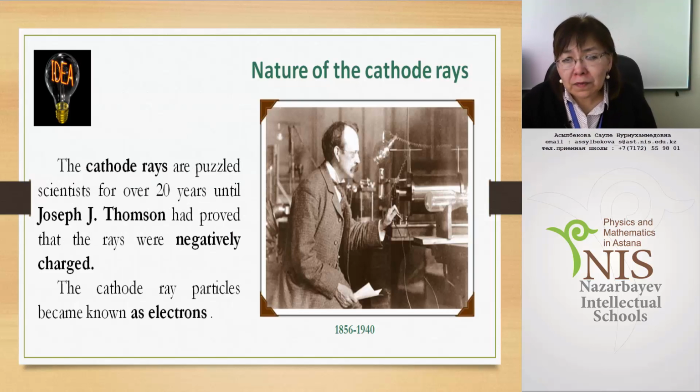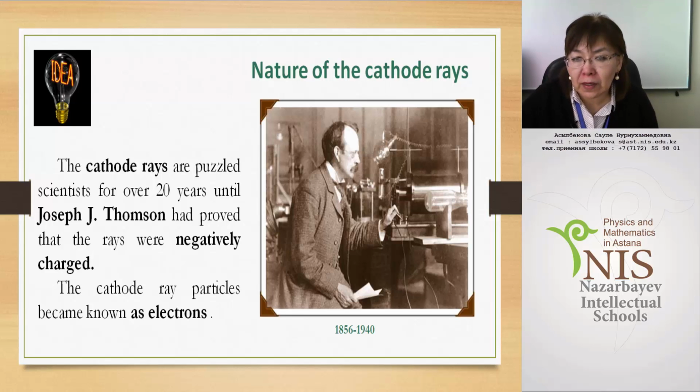So cathode rays were proved to be negatively charged, and nowadays they are known as electrons. You see in the picture Joseph J. Thomson, who made his investigation in his laboratory.